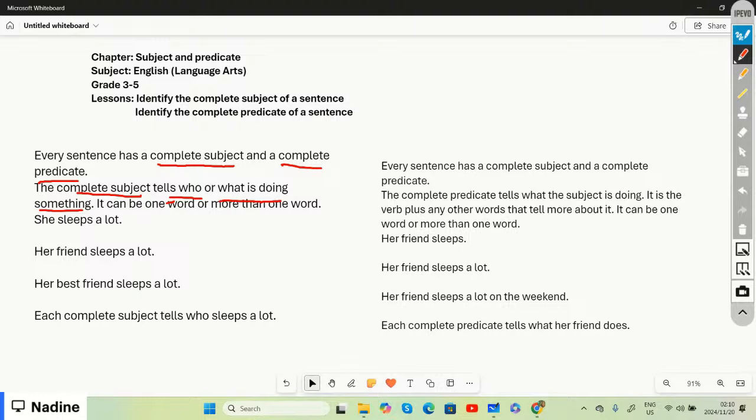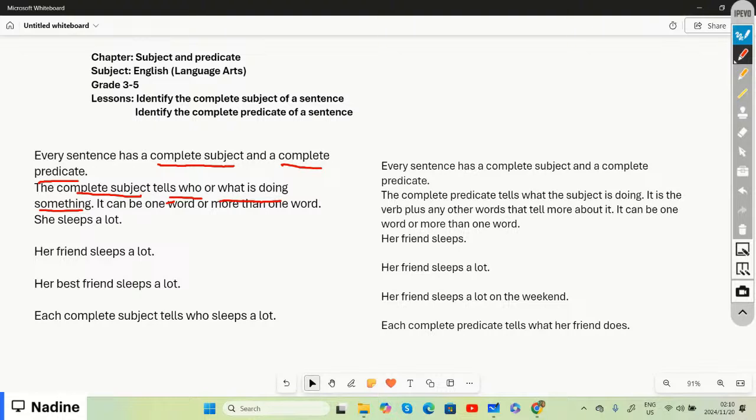If we look at a few examples of complete subjects, we're basically doing the actual lesson on subject and predicate. We said a subject can be one word or more than one word.